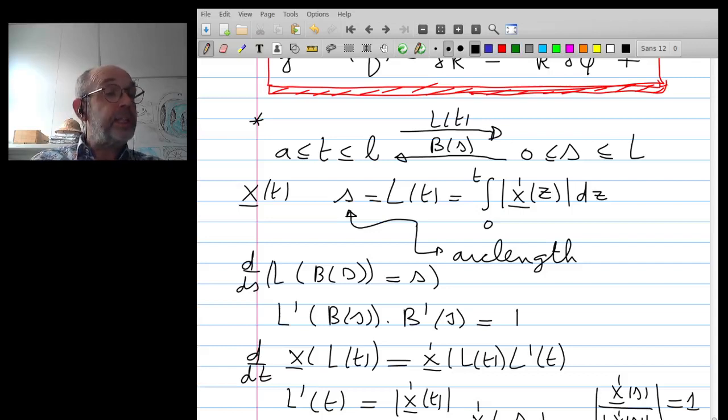Therefore, you see in Adams, if you read that chapter, that they use parameterizations with the arc length, just because then the velocity, the tangent vector, always has length 1. That is of importance.